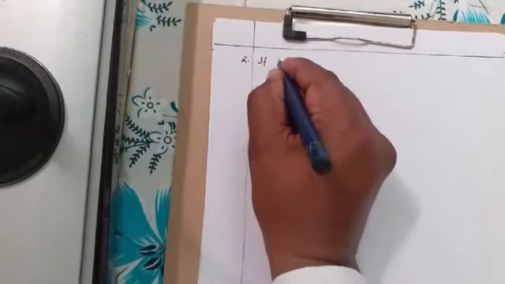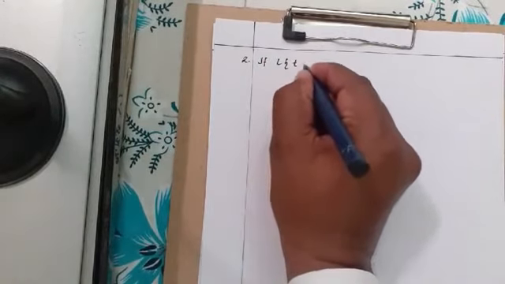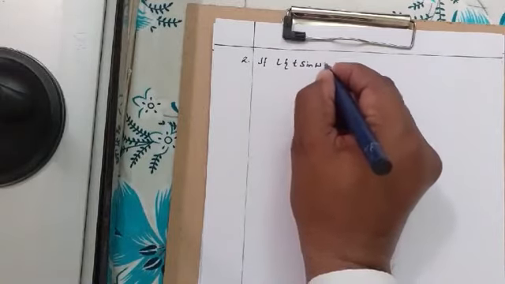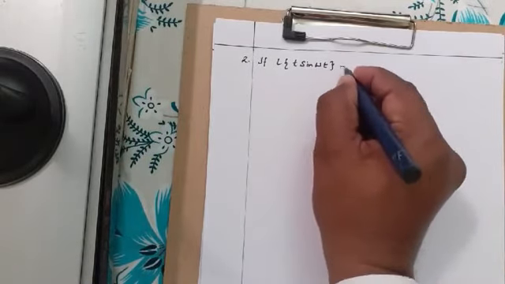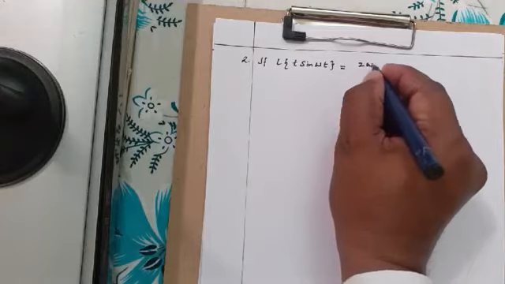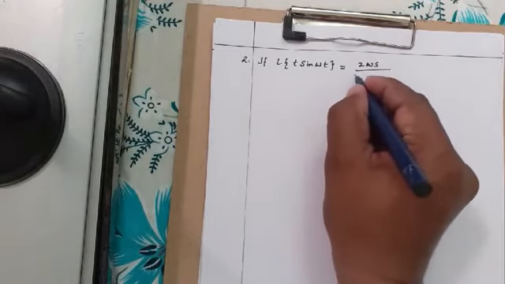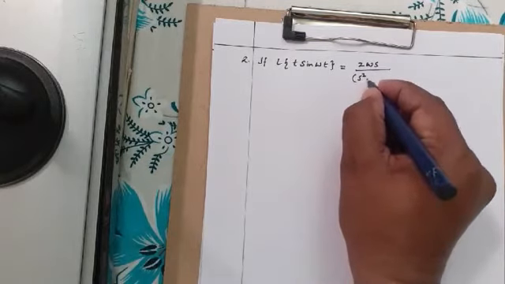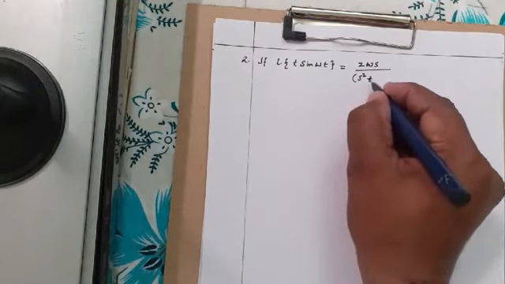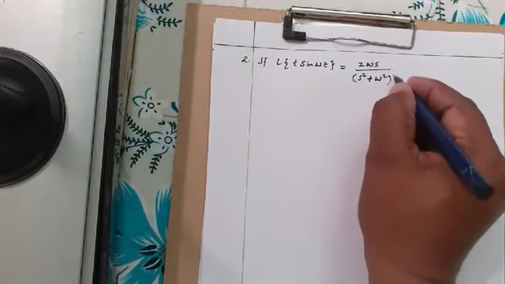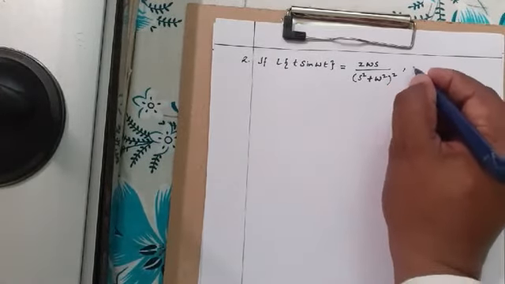Second problem is: if Laplace of t sine omega t is equal to 2 omega s upon (s square plus omega square) whole square, evaluate the following.